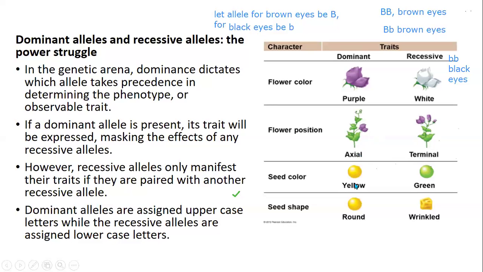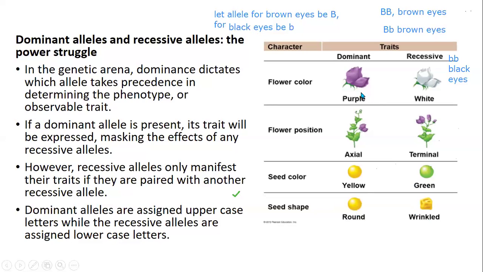Then seed color, they could be yellow or green, but yellow is dominant. So it's easier to find yellow pea seeds than green ones because yellow is dominant. Then seed shape, some of them are round, others are wrinkled.